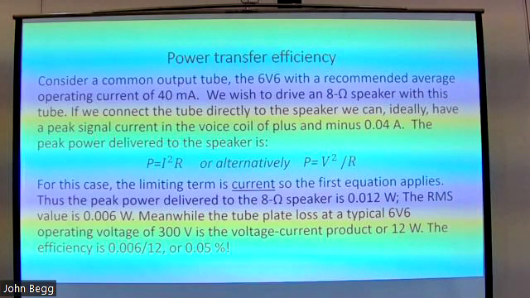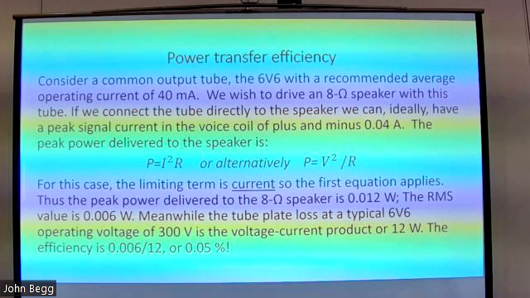Thus, the peak power delivered to the 8-ohm speaker is 0.012 watts, where the current squared is the square of 0.04 amps. The RMS value is 0.006 watts, because RMS is half the peak.